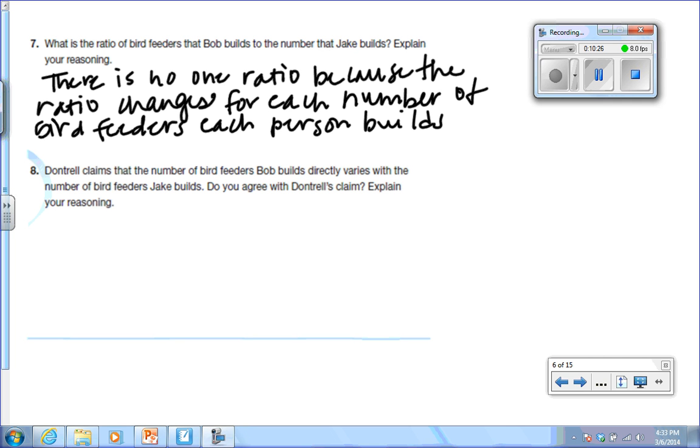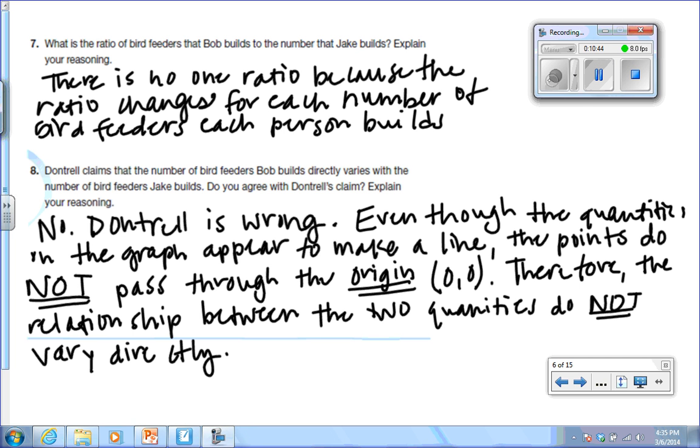And then number 8 says, Dontrell claims that the number of bird feeders Bob builds directly varies with the number of bird feeders Jake builds. Do you agree with Dontrell's claim? Explain your reasoning. So I want you to think about it for a few seconds, come up with what you think the answer might be, and then come back and check yourself. Okay, so no, Dontrell is wrong, in fact.